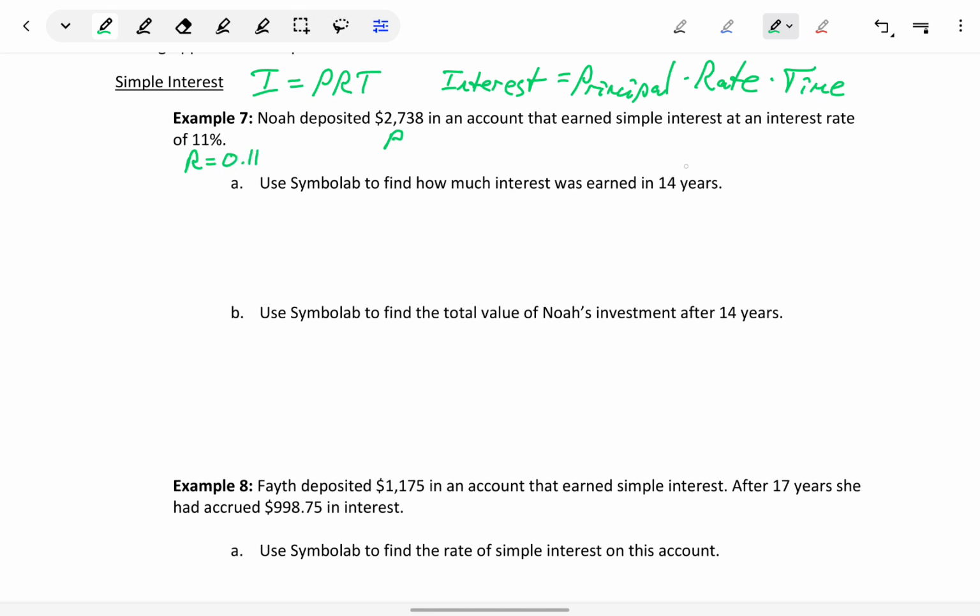And now in part A, we're given a time of t equals 14 years. Meaning the missing piece is the interest. So I is going to be equal to 2,738 times the rate of 0.11 times a time of 14 years.